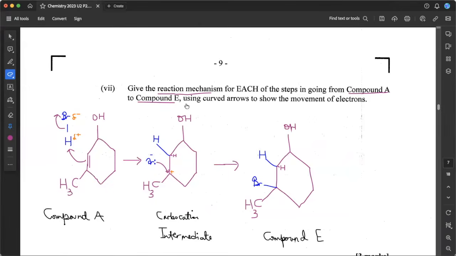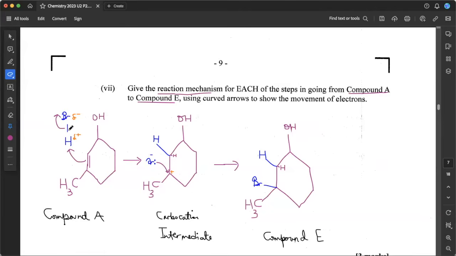And so let's look at this now. We have compound A, which has our carbon-carbon double bond, and so this is an electron-rich center. So that's where the electrophilic addition comes in. Now we have our HBr molecule.